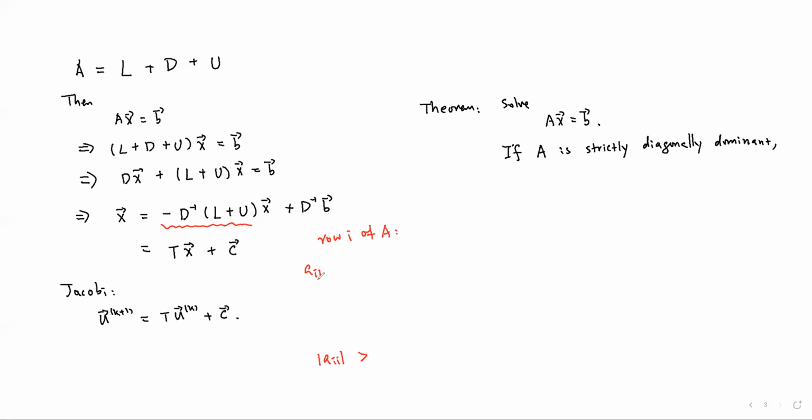Row i of A has first entry a_i1, a_i2, up to a_i,i-1, a_i,i+1, and a_in. These are all the entries on row i of matrix A. Diagonally dominant means this entry in absolute value is greater than the absolute sum of the other entries: |a_i1| plus |a_i2| plus up to |a_i,i-1|, and then plus |a_i,i+1| and so on.